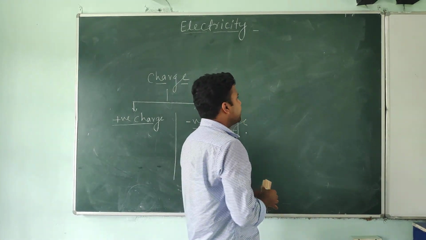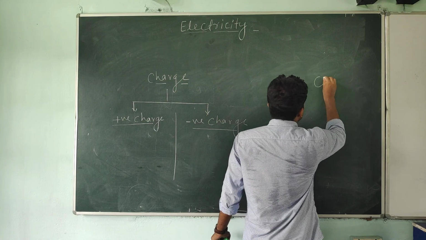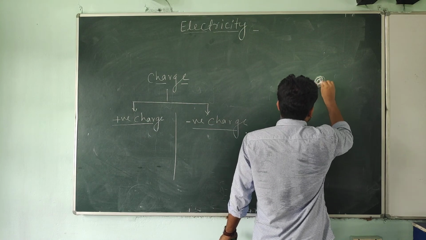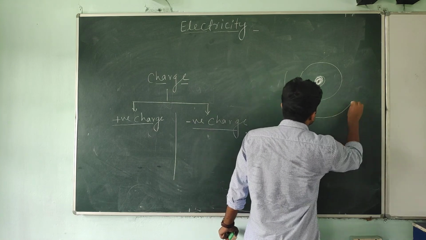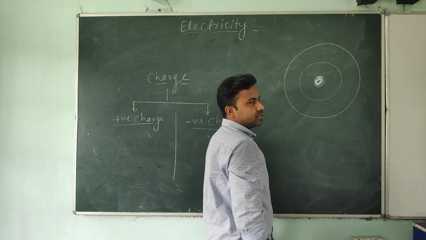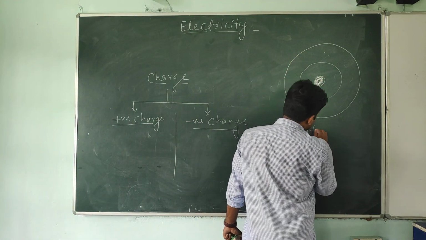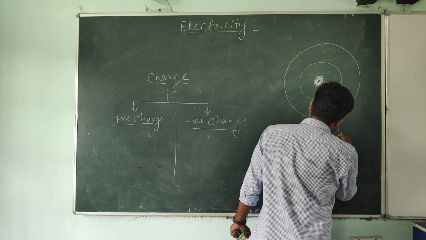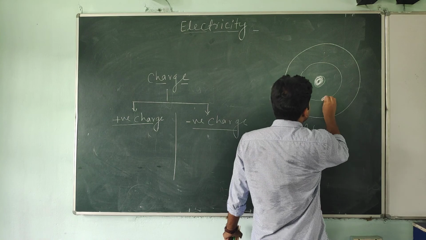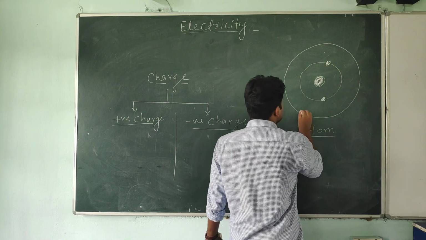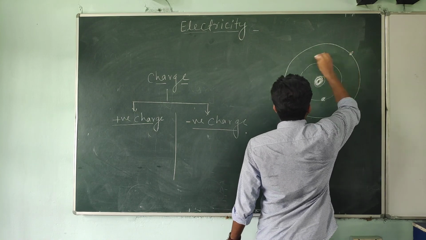In 9th class we have atomic structure. So it's a nucleus and around it electrons are moving. We know these things, this is in our 9th class chemistry, is it or not? It's an atom, and electrons are moving around the nucleus.